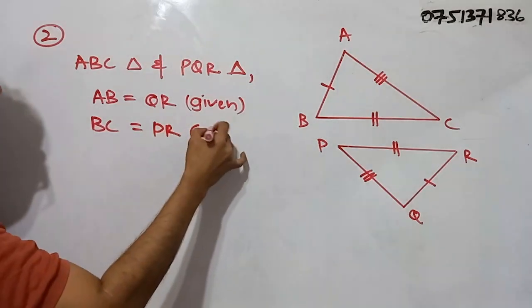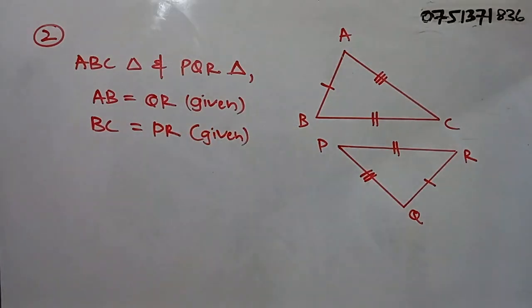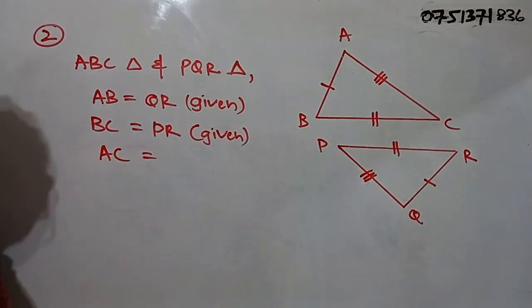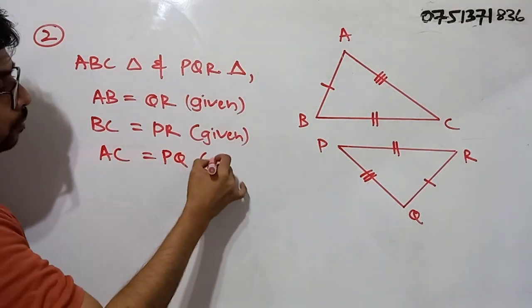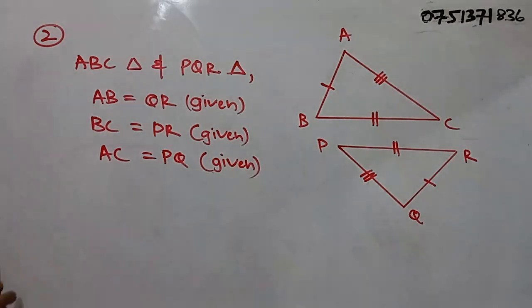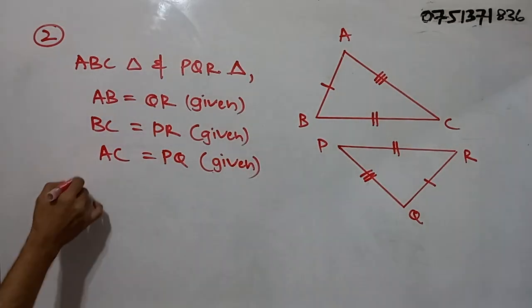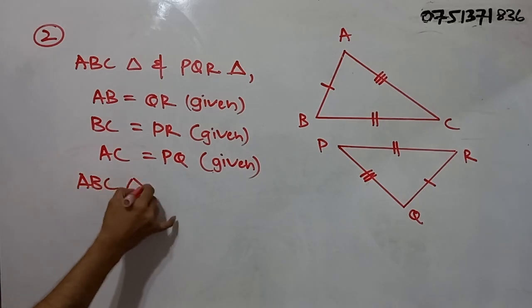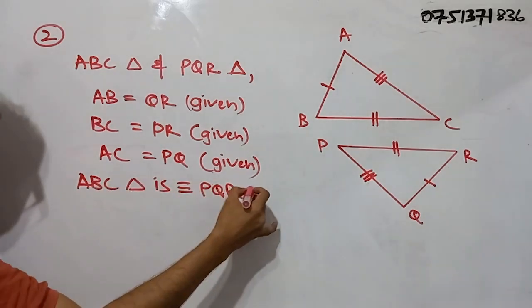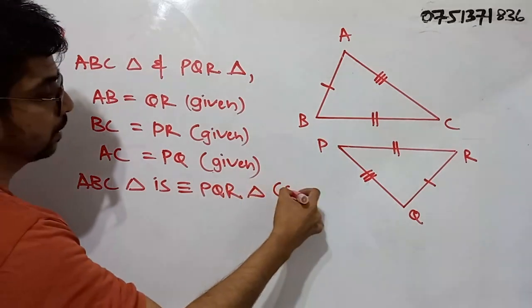So that is also given. Then, right, so then we have AC, which is equal to PQ. So this is also given. So we have 3 reasons. So safely we can say ABC triangle is congruent to PQR triangle. What's the reason? Side.